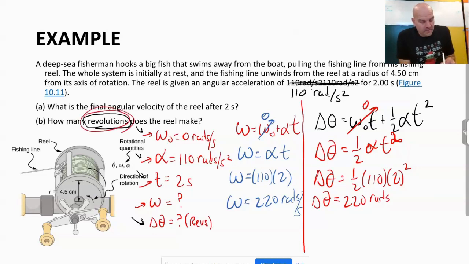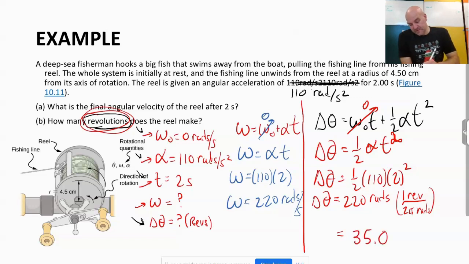I'm looking for it in revolutions. So now I have to use my conversion factor. 1 revolution is 2 pi radians, or 6.28 radians. And so really I'm just doing 220 over 2 pi, and it ends up being 35.0 revolutions.